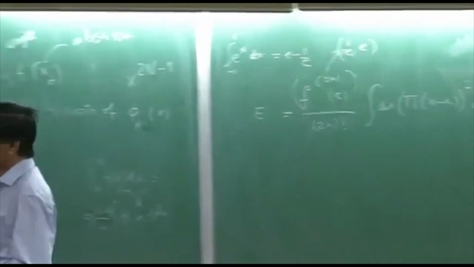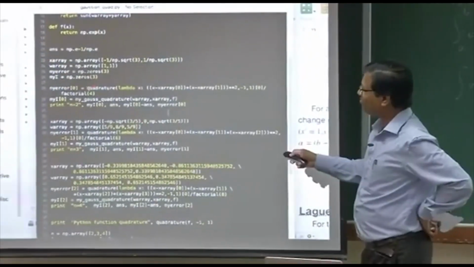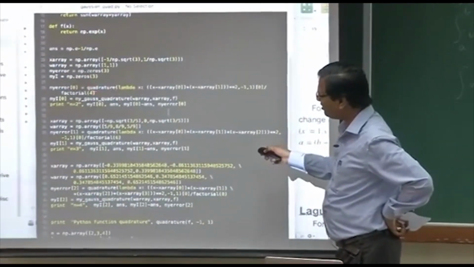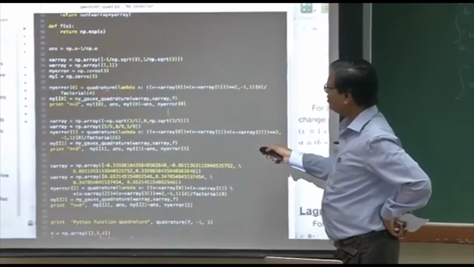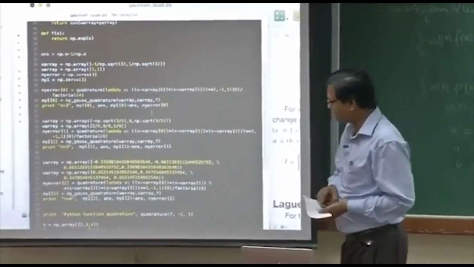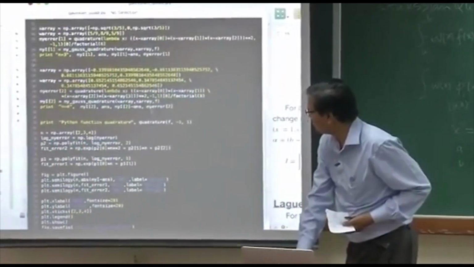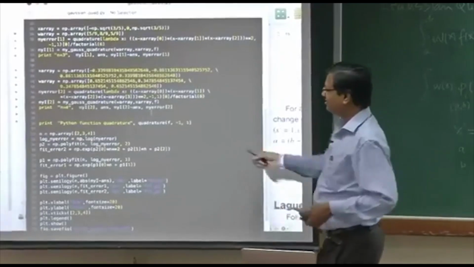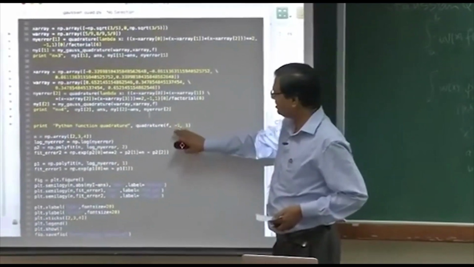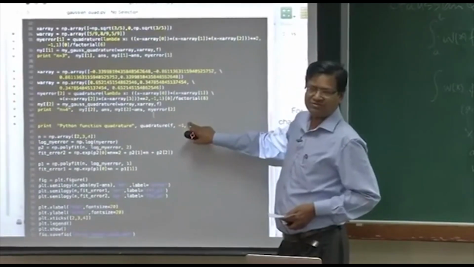This is a nice feature of Python. For quadrature, this is the formula, this is a function, quadrature. Quadrature requires arguments: this function and the limits, the lower limit and the upper limit.